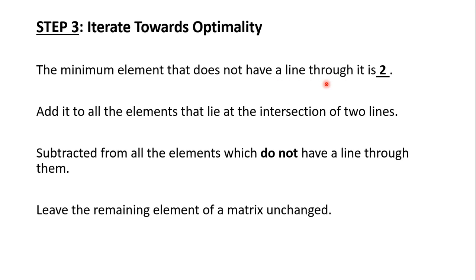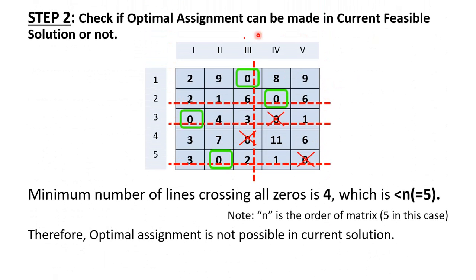So let me show you the table once again. This is our current feasible solution. All the elements which are not crossed by a line, we have to choose a minimum number from those particular elements.